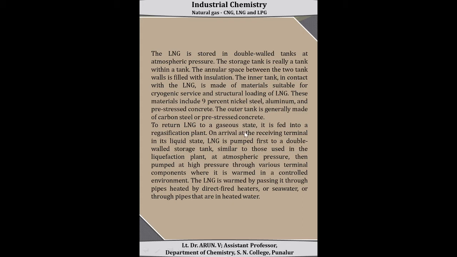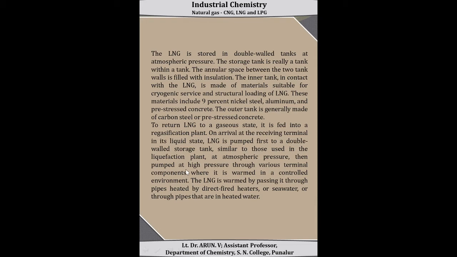To return LNG to gaseous state, it is fed into the regasification plant. On arrival at the receiving terminal in its liquid state, LNG is pumped first to a double-walled storage tank similar to those used in the liquefaction plant, at atmospheric pressure.